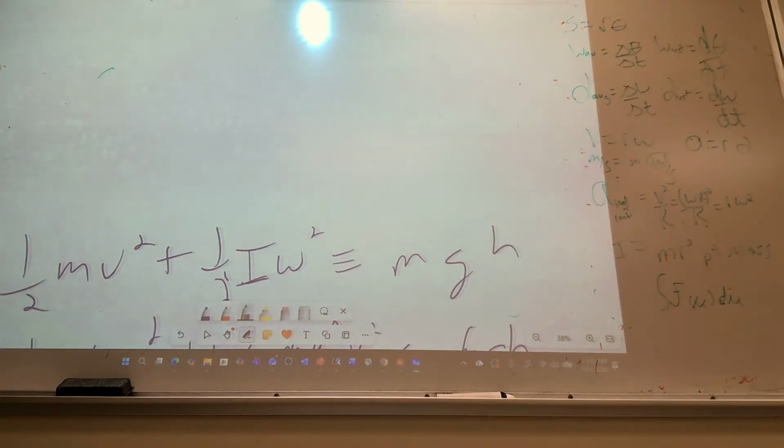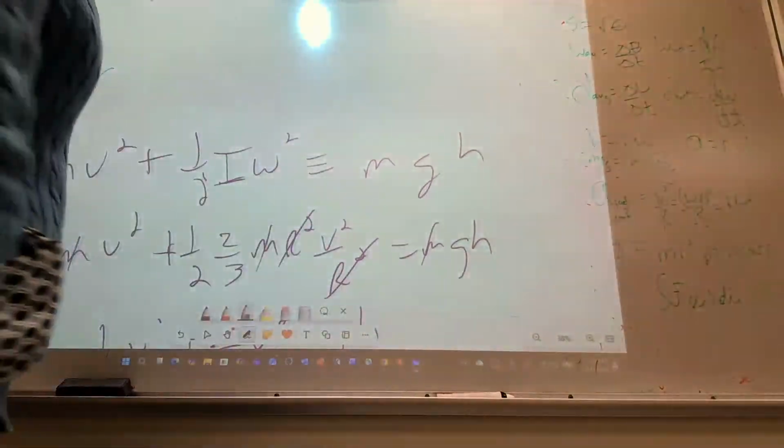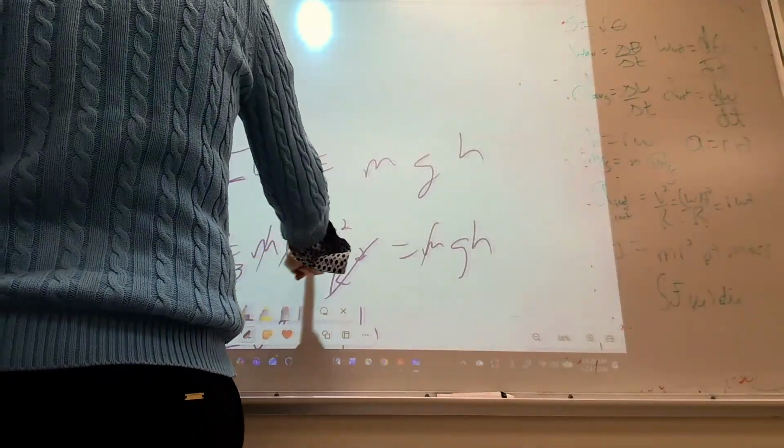Isolate your V just as I taught you. So we have the usual 1/2 mv squared plus 1/2 times 2/3 mr squared v squared over r squared.